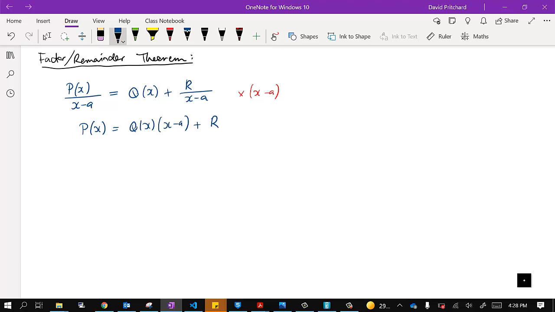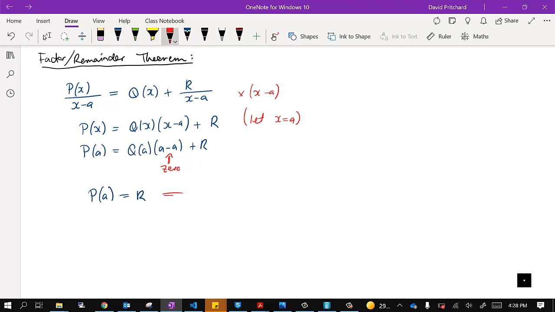Now, in this scenario, if we let x equal a, so whatever that divisor is, we end up with the polynomial with a subbed in, q of a times a take a, plus r. Now, the secret here is that a take a is 0, and when we multiply by 0, it's gone. So we end up with p of a is equal to r.